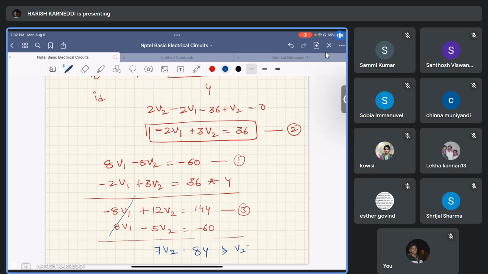So V2 equal to 84 by 7, it is 12 volts, right?